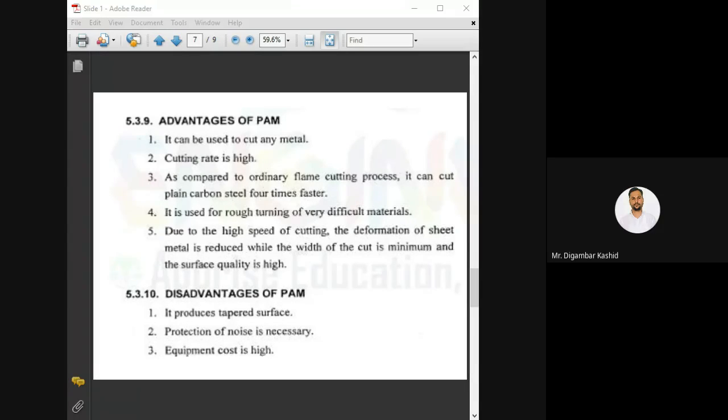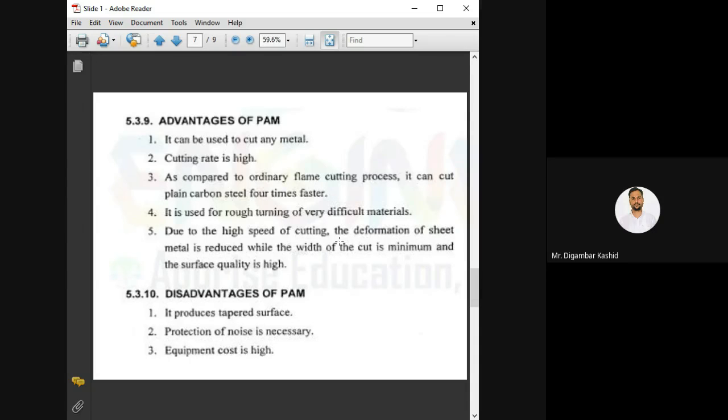As compared to the ordinary flame cutting process, our traditional process, this process can cut plain carbon steel 4 times faster. That means the cutting rate is high.